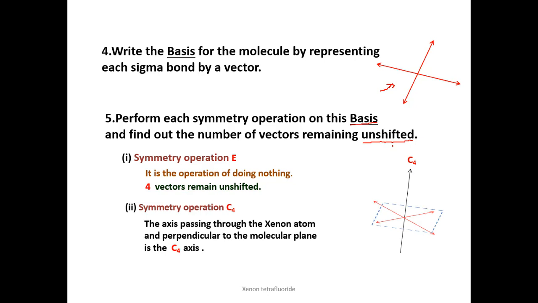C4 is rotation through 90 degrees, and during this rotation this vector will be shifted here, this vector will be shifted here, this vector will be shifted here, and this vector will be shifted here. So all the vectors are getting shifted, and the number of unshifted vectors is 0.